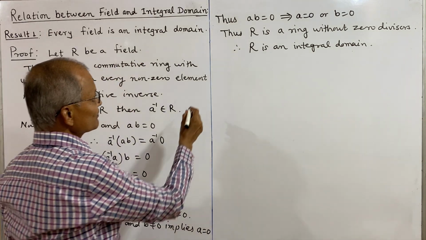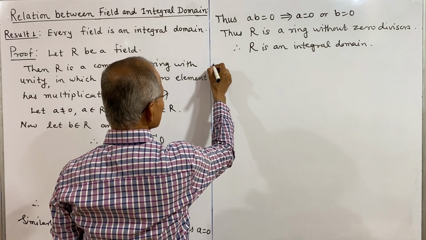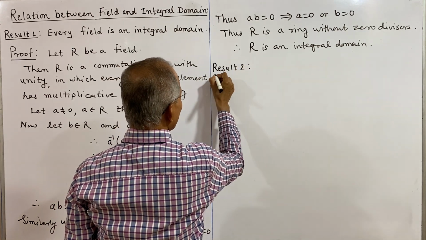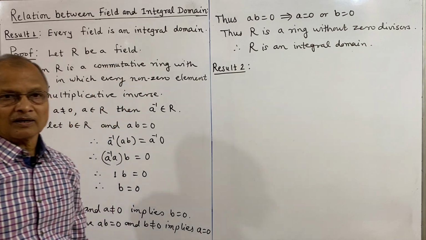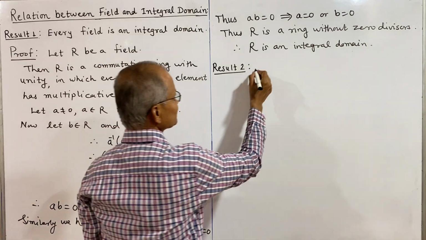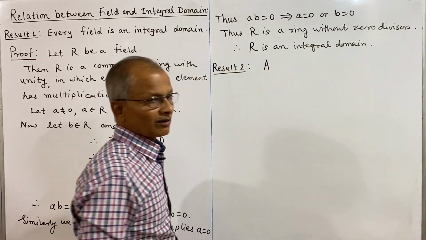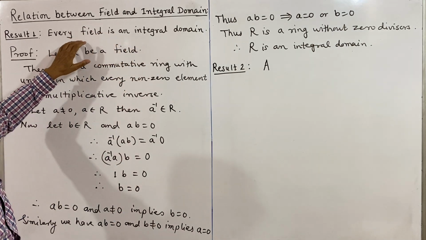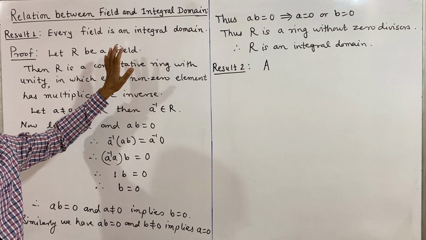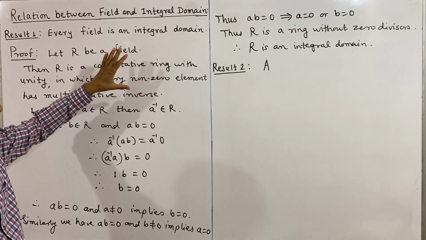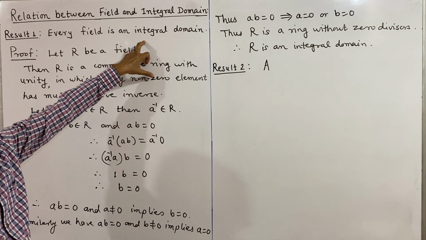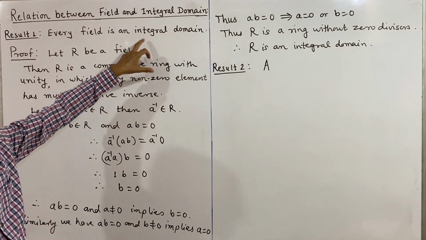Now the second result we shall study can be considered as result 2 or a lemma: a finite integral domain is a field. The converse of this, whether every integral domain is a field, is not true. But if you consider the integral domain as finite, then it becomes a field.